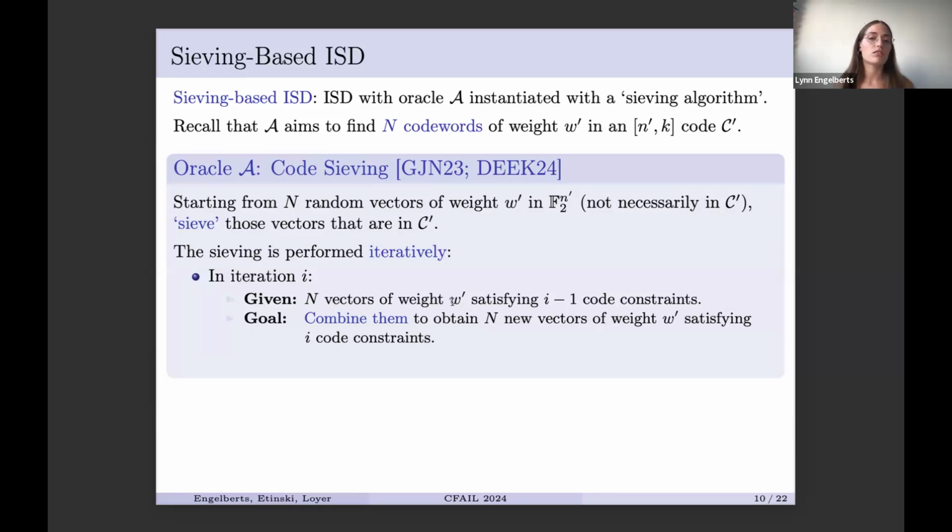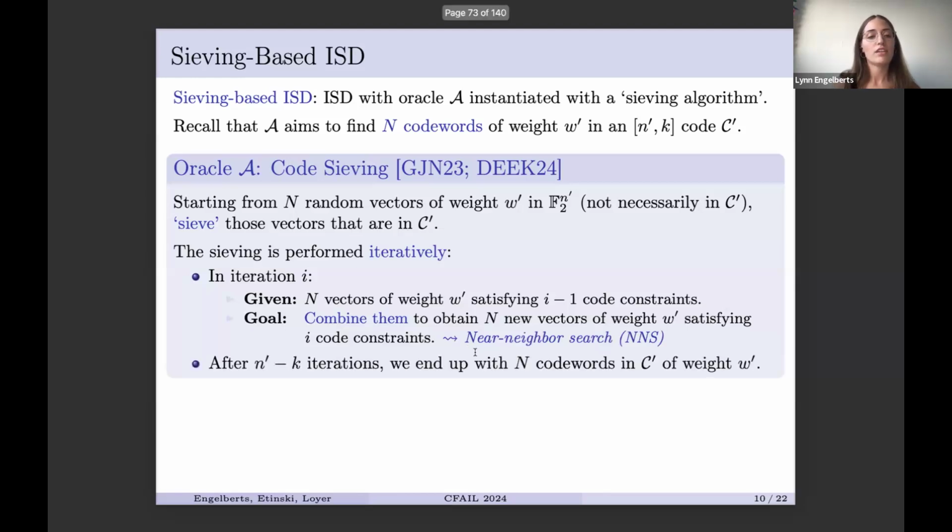But this will lose, because that will happen with probability a half. That way we will lose half of the vectors in each iteration, and this will shrink the list size by too much. So it's really crucial to have some combination procedure here to obtain capital N new vectors. And this combination procedure is a near neighbor search procedure.